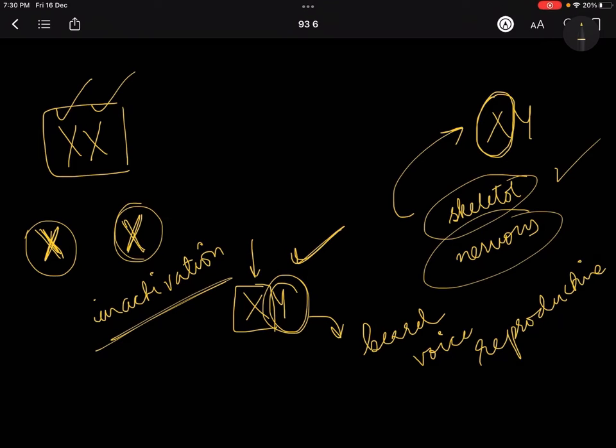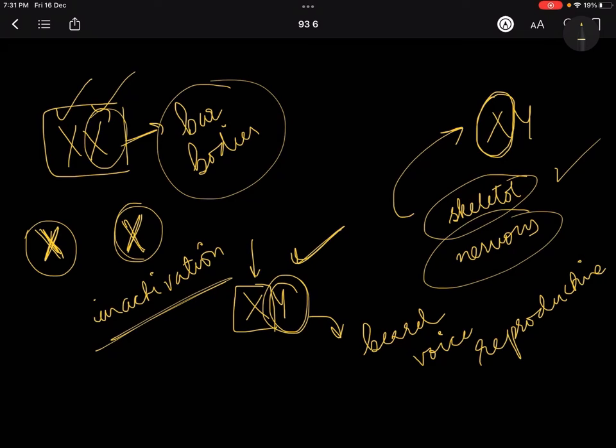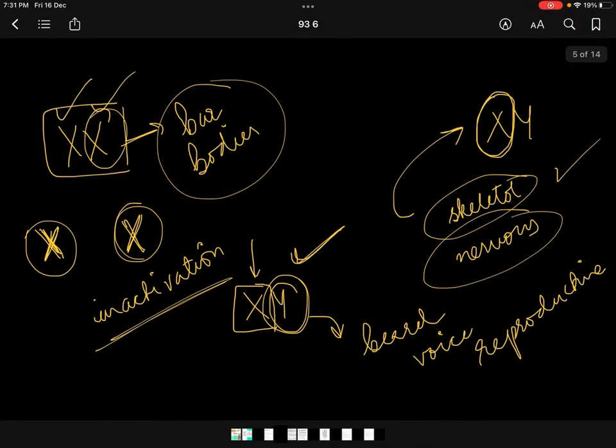This inactivated X is called a Barr body. One X is normal and the other one becomes the Barr body. That means it is inactivated, ठीक है? So every female should have one normal X and the other should be like a Barr body.